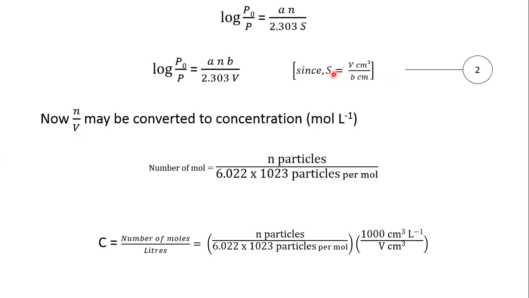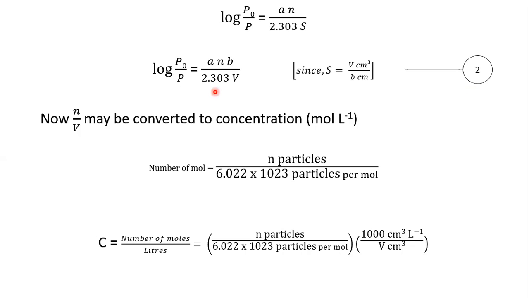So when we replace S by V by b, b goes into the numerator and V into the denominator, and this equation becomes a n b upon 2.303 V. Now this is called equation 2.